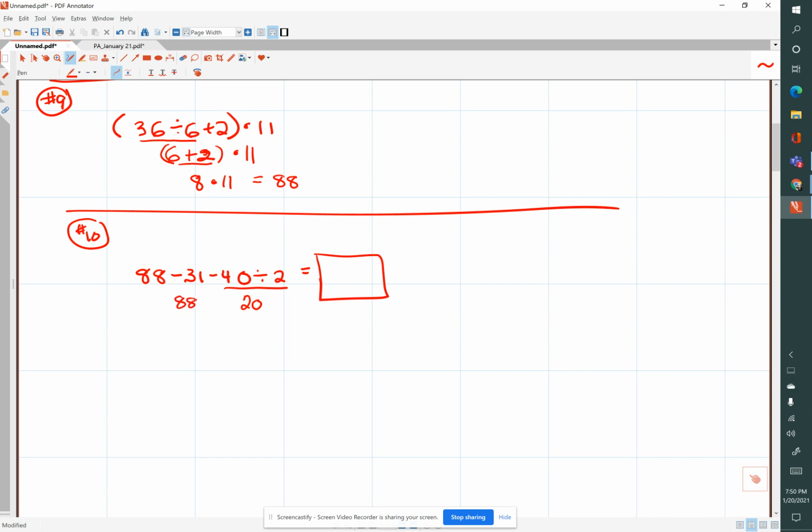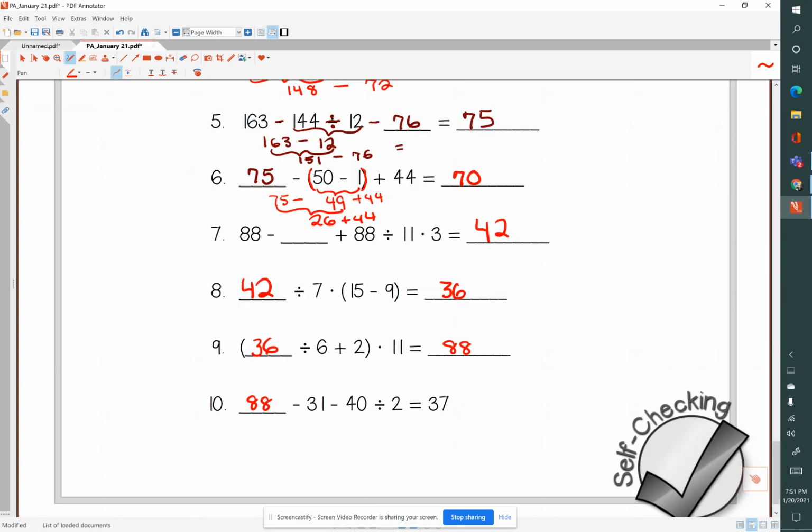So 88 minus 31 minus 20, we'll work from left to right. So 88 minus 31 equals 57, and 57 minus 20 equals 37. And our answer checks.